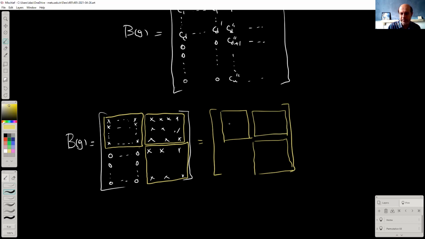So we have an n by n matrix in here. This is a d by d square matrix. This is an n minus d by n minus d square matrix. And this is a d by n minus d rectangular matrix. And this part is an n minus d by d zero matrix.